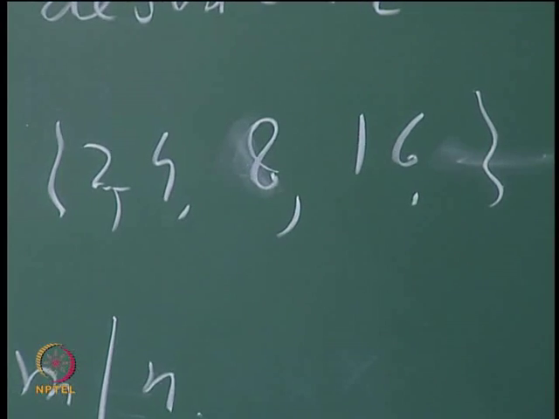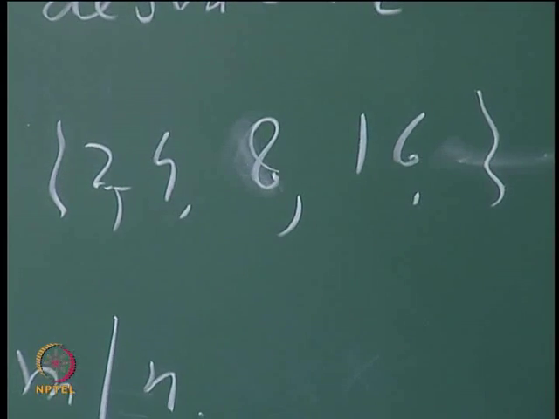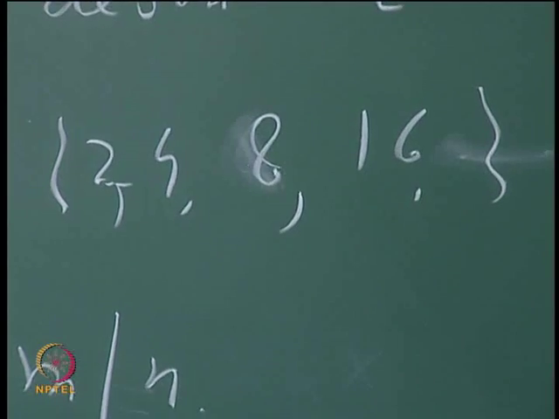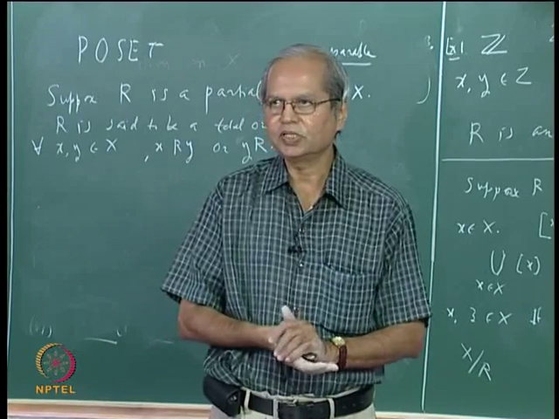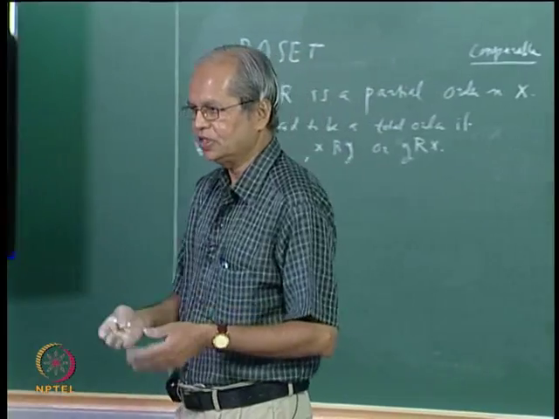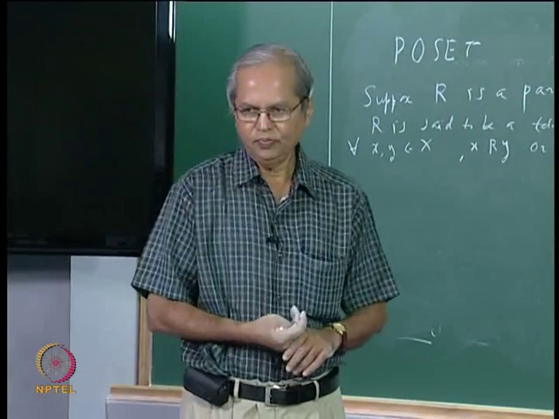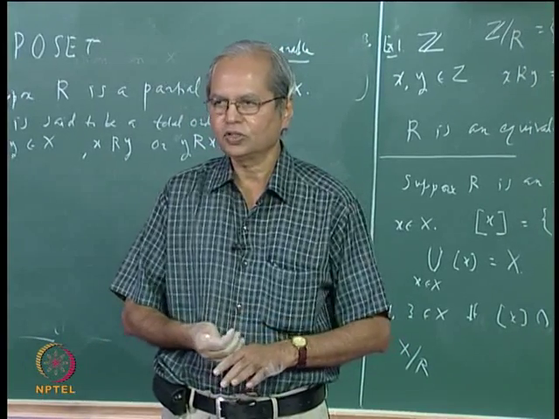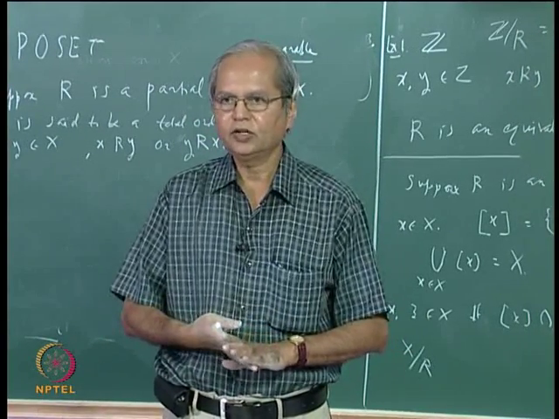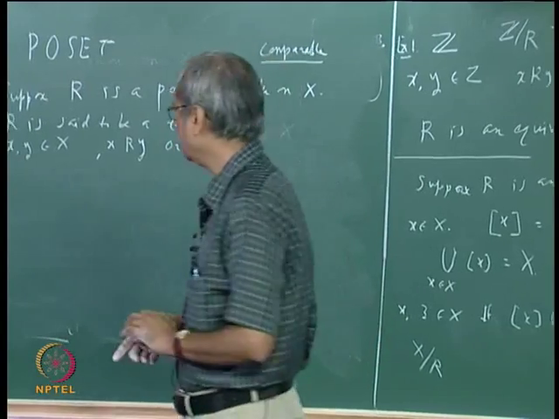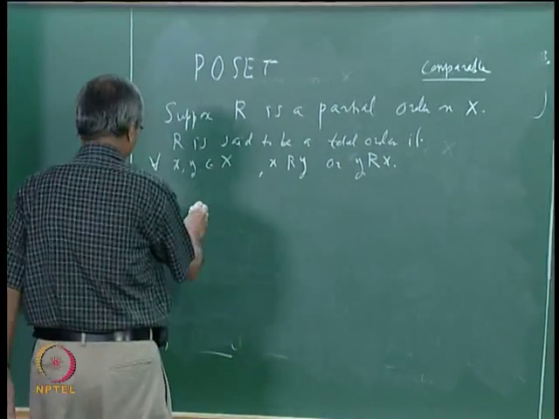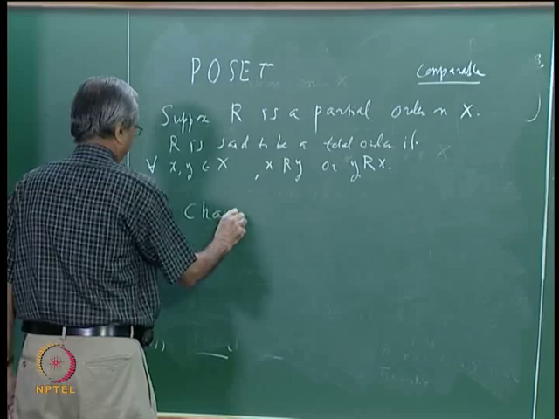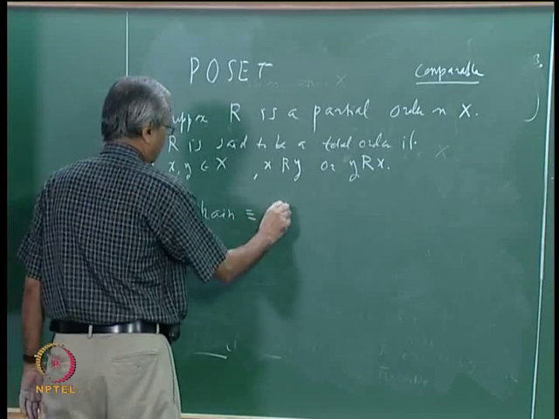Though the original set is not totally ordered, this subset is a totally ordered set. Such subsets are called chains. A chain is a totally ordered subset.